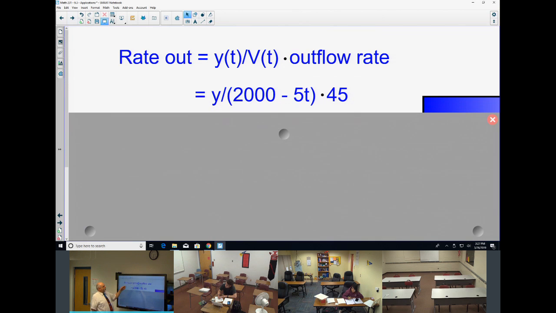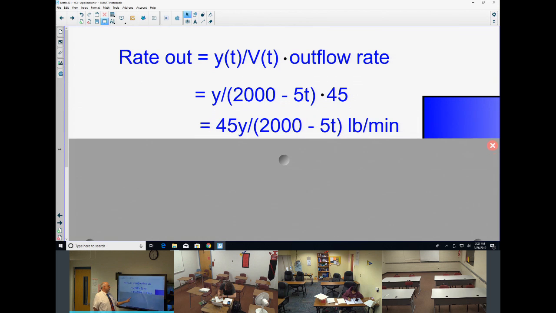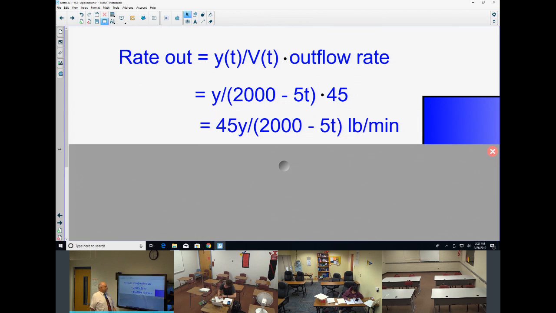So that's y divided by V of t, which we said was 2000 minus 5t, times the outflow rate, 45. That simplifies to 45y divided by 2000 minus 5t pounds per minute. So we're talking about the amount of just the additive. How fast is the additive flowing out?